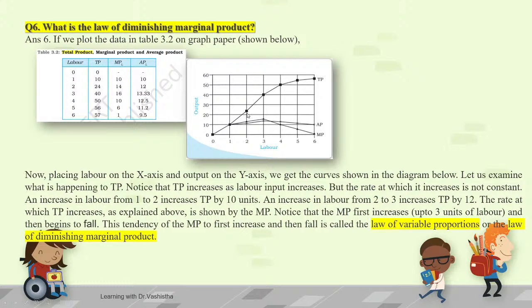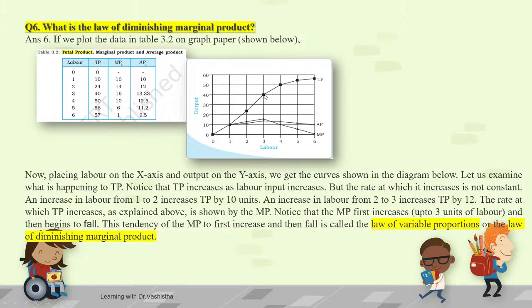For example, an increase in labor from 1 to 2 units increases the total product by 10 units, from 10 to 20. But further, an increase of labor from 2 to 3 units increases the total product by 12 units.